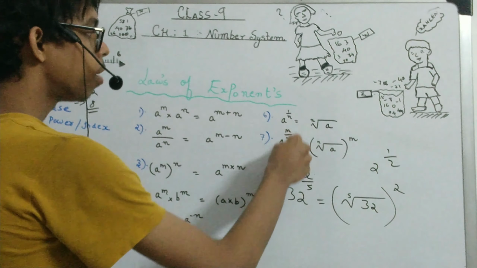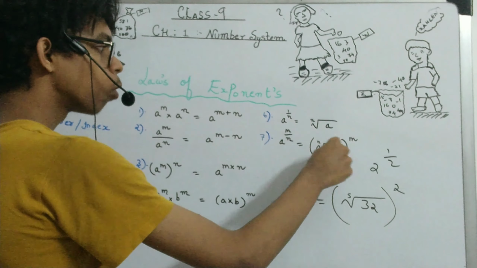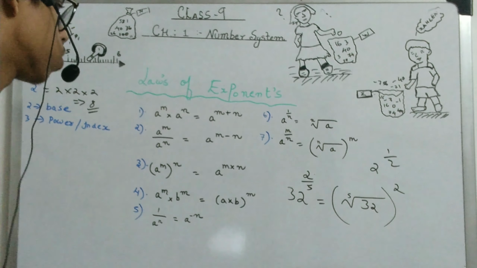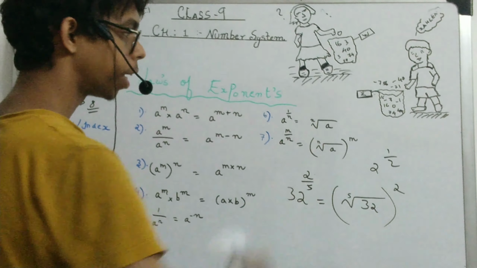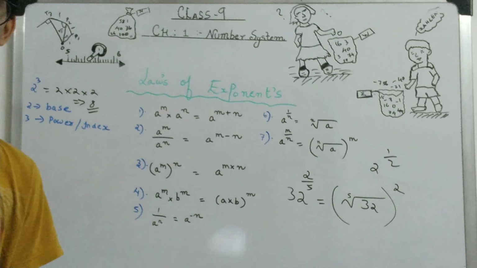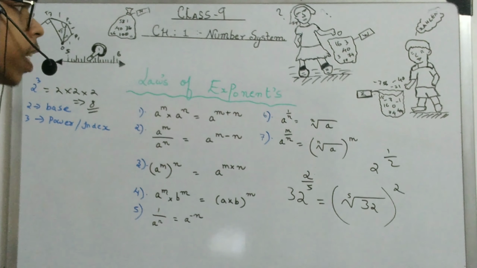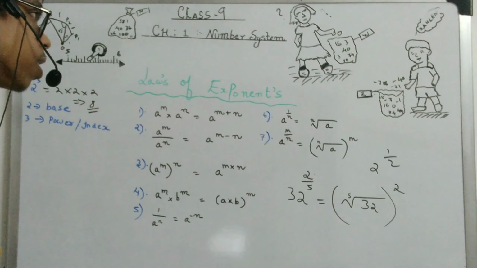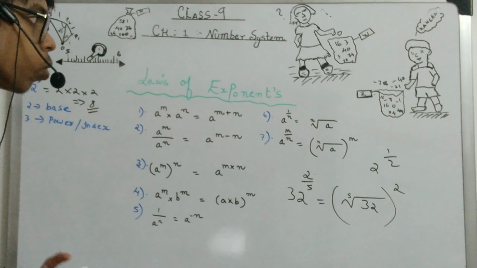So a raised to m by n is equal to nth root of a, the whole raised to m. All these identities, all these properties are really important for doing the questions in the following exercise.